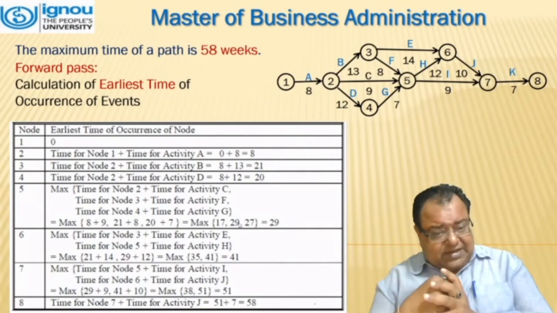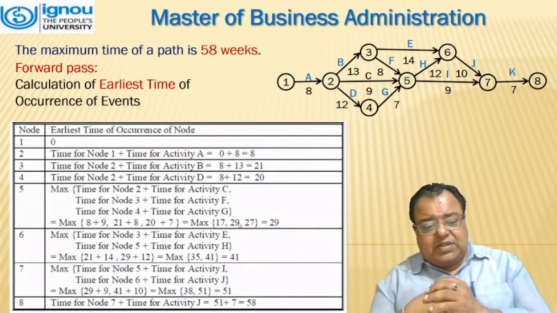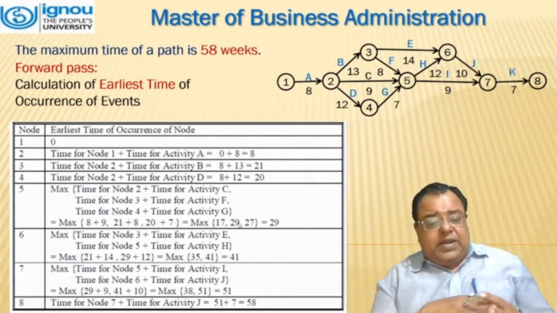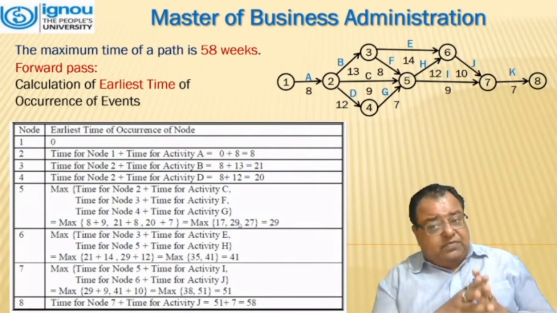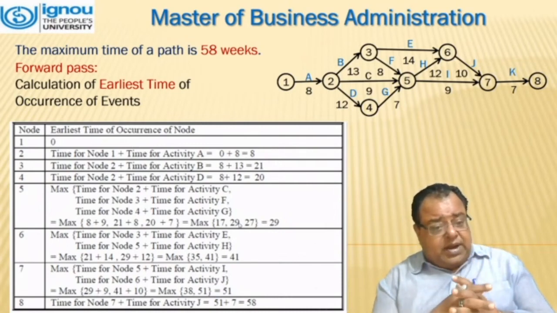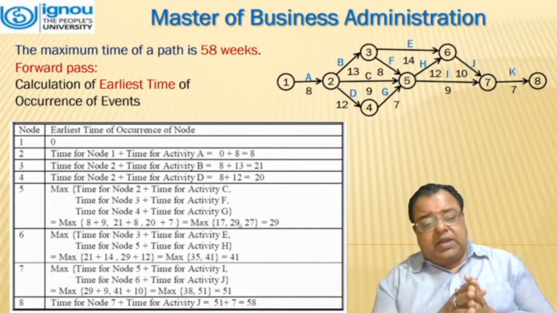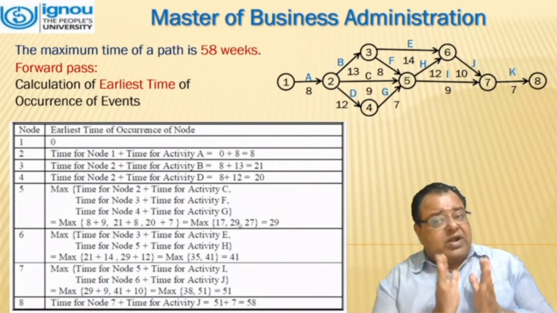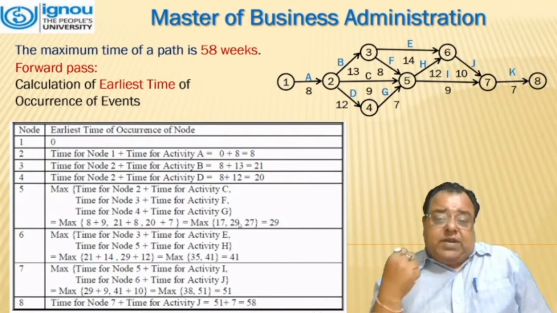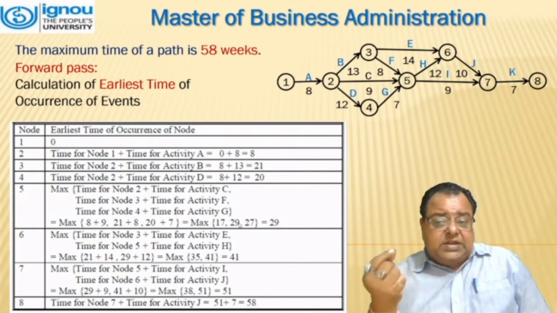Moving further to node 6, we have two activities over there. That is E and H. For E, it is 21 plus 14, which comes out to 35. And considering H, that is 29 plus 12, which comes out to be 41. So we have to take the maximum. That means on event 6, 41 weeks have completed. When we move to node 7, it has I and J with it.